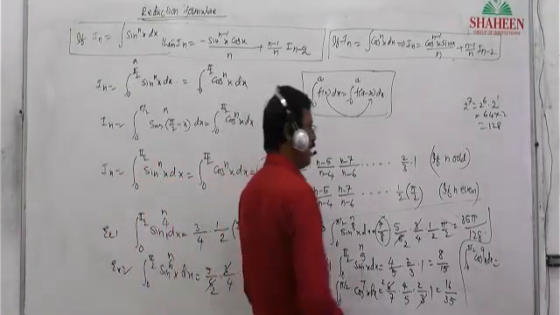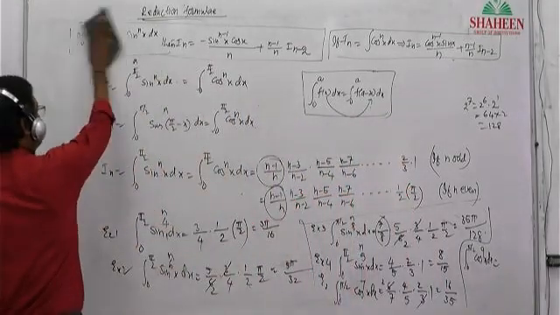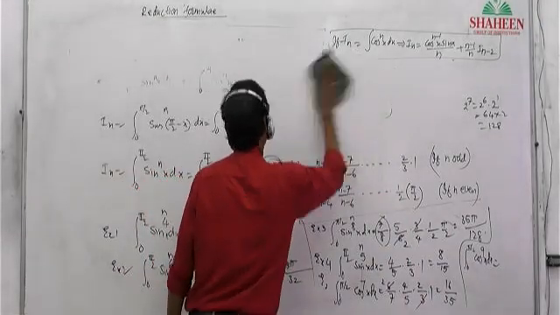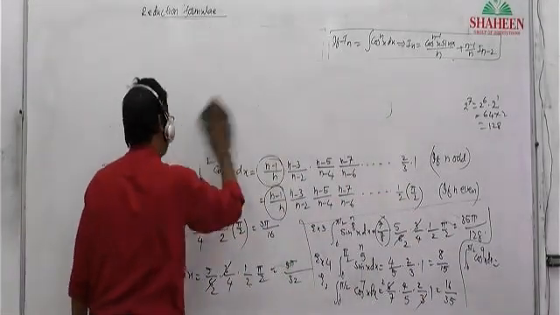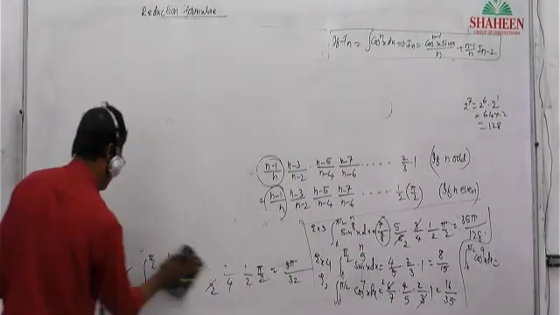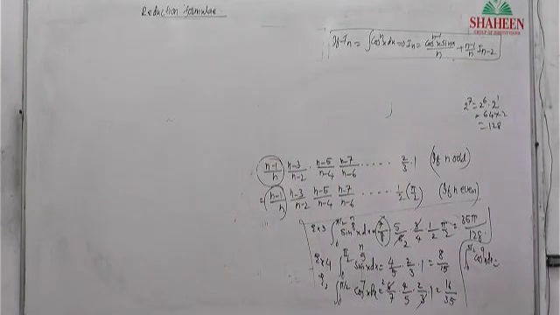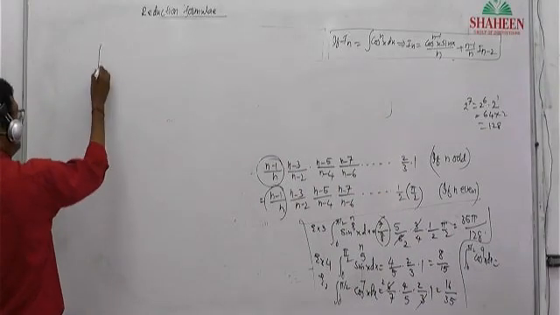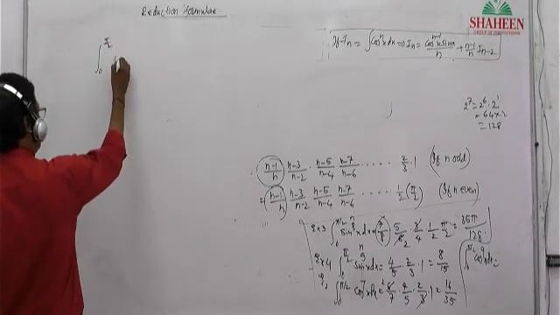Now, what is the answer for cos power 9? See here, integral 0 to pi by 2 of cos power 9.